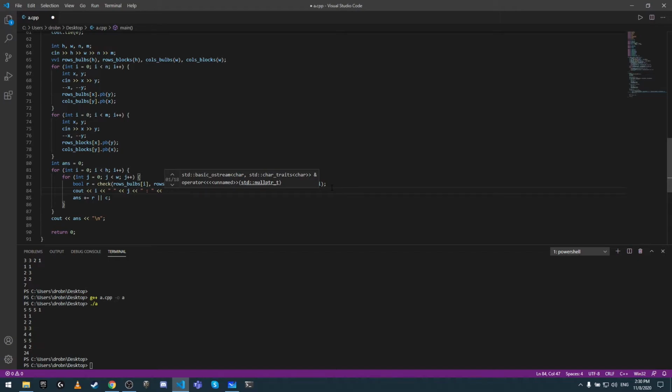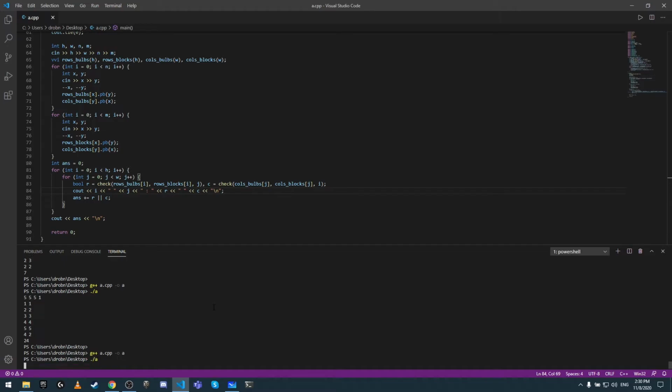Okay, so it works. It works, as you can see, it works, which is unbelievable. But I won't get excited until I have it submitted with correct answer, right?